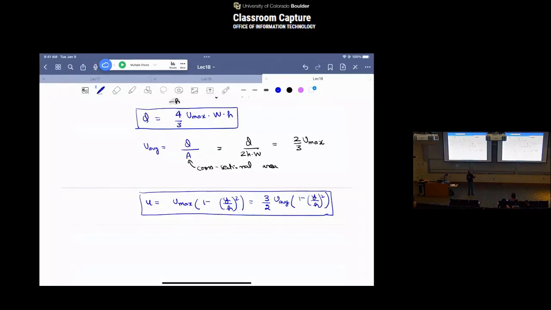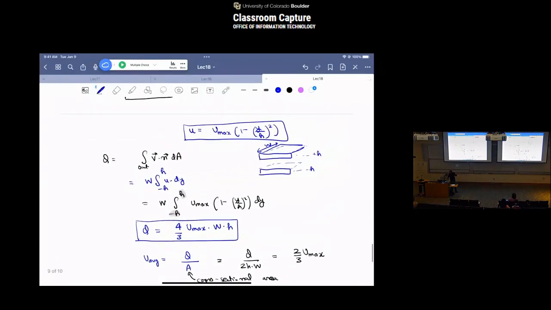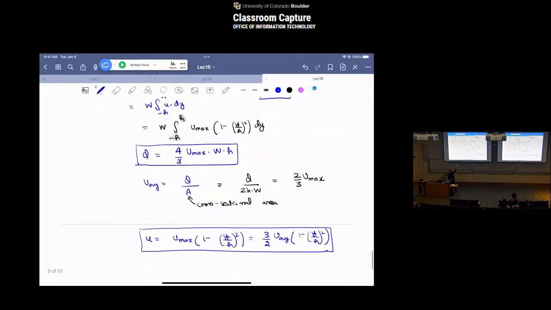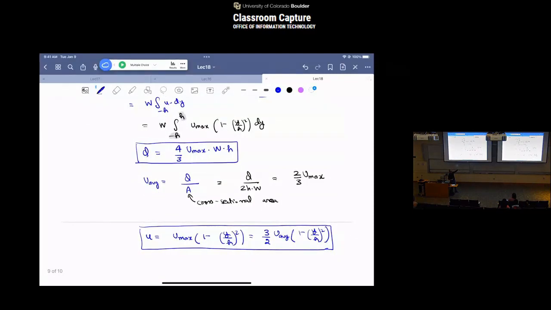Remember in your part 1, you were doing A1 V1 equal to A2 V2. So why were we allowed to do that? Because we were saying velocity times area is flow rate. But now when the velocity changes with respect to y, we can no longer do that. However, if I correctly calculate the average velocity, then average velocity times area is equal to the flow rate. So that's why calculating average velocity is beneficial. Yes.